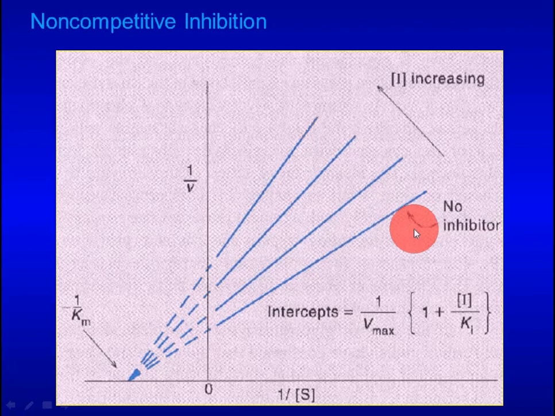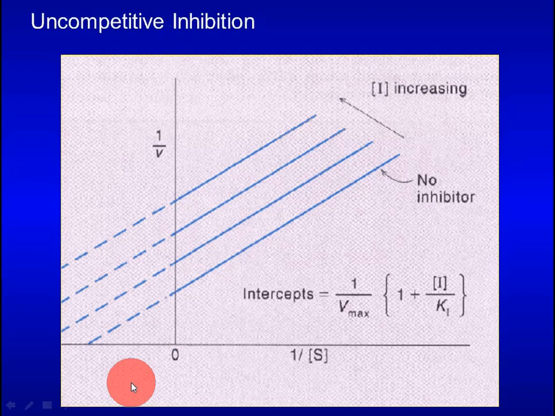After adding a non-competitive inhibitor, this line shifts counterclockwise, but it has the same x-intercept. For uncompetitive inhibition, this line represents Michaelis-Menten kinetics without inhibitor. After adding an uncompetitive inhibitor, the line moves upward.